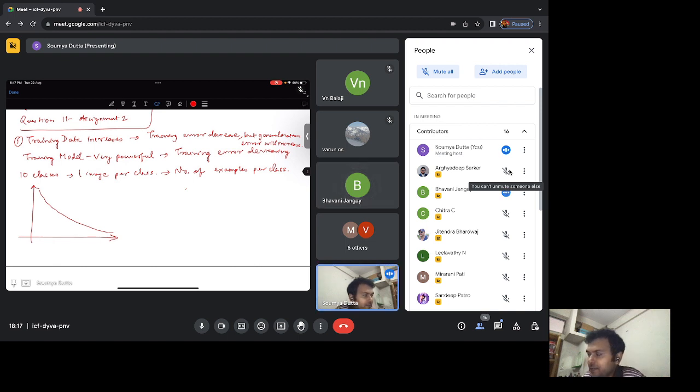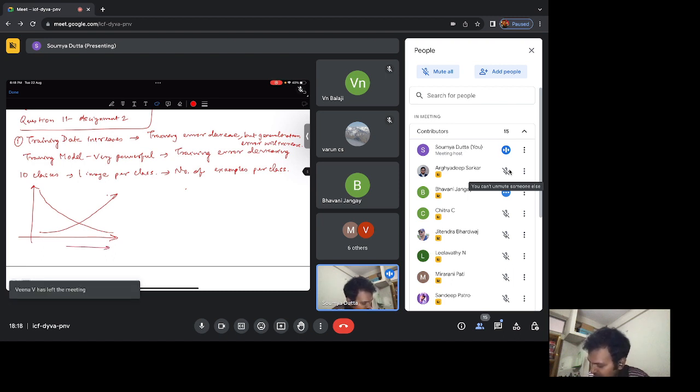I am telling this to you from a practical point of view. What I am trying to say here is, let's say you have training data. Suppose for example this curve which I am drawing is a bias variance curve, if you remember.